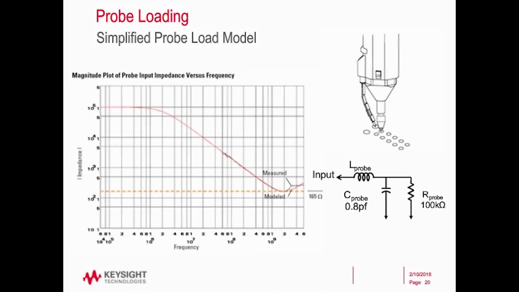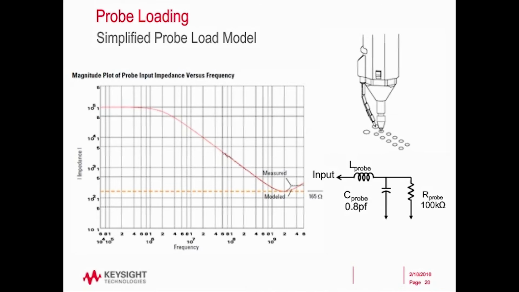So as the frequency goes up, the impedance of that capacitor decreases. So at higher frequency, that capacitor starts to become an easier path to ground than that resistor. And we see that impedance start to drop. And you can see that all the way out to the gigahertz, to where that bottoms out at about 165 ohms.